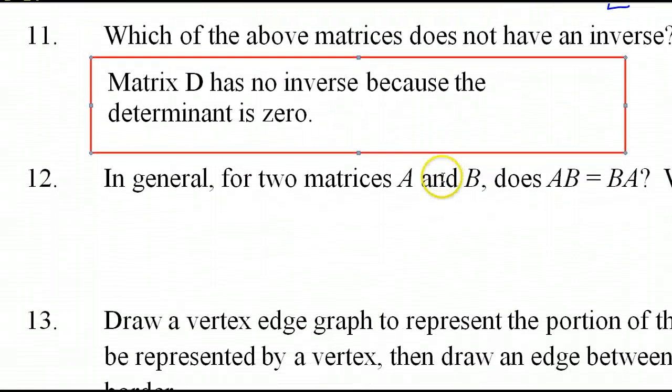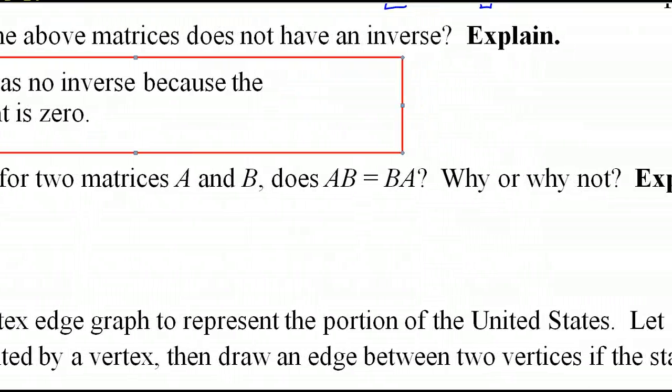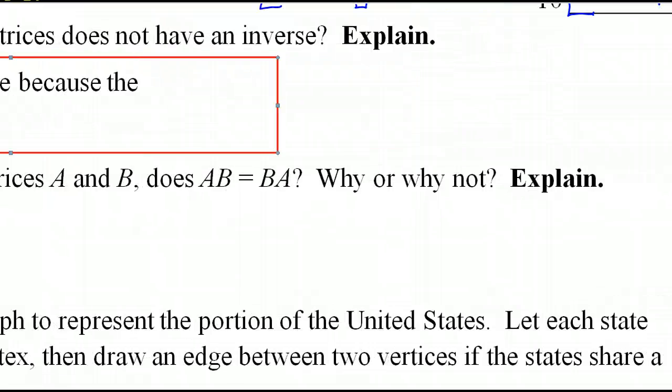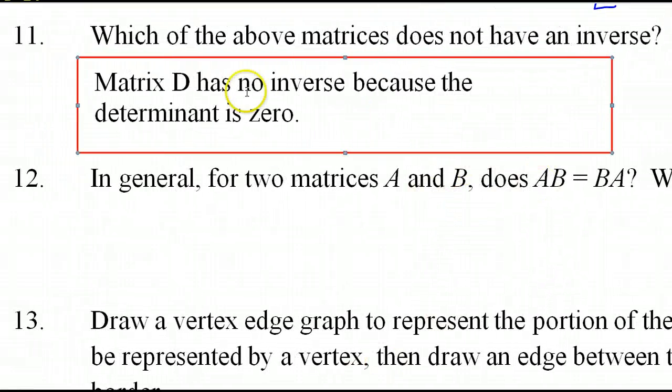Okay, moving on. In general, for two matrices, A and B, does A times B equal B times A? Why or why not? Explain. The answer to that is definitely no. A times B does not equal B times A. The easiest thing to do is to give an example.